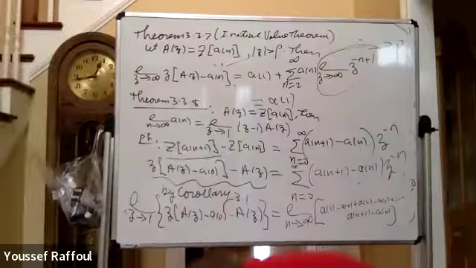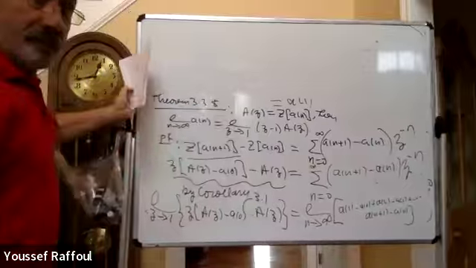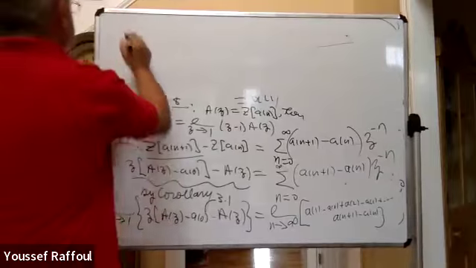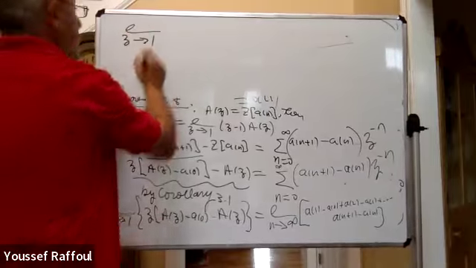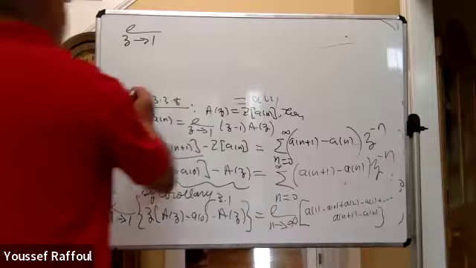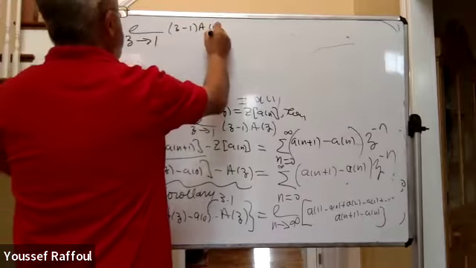And then, this is the limit as Z approaches 1 of (Z minus 1) A(Z).